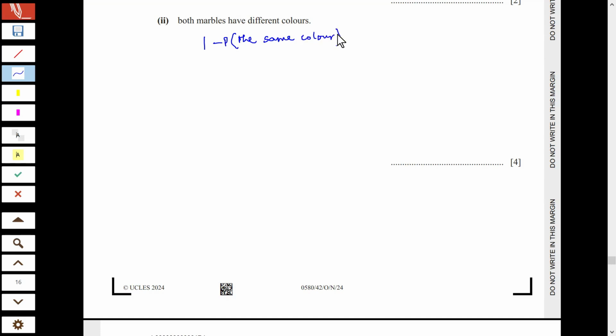Having the same color will be the probability of GG, both green, plus the probability that both colors are white, plus the probability that both colors are black.